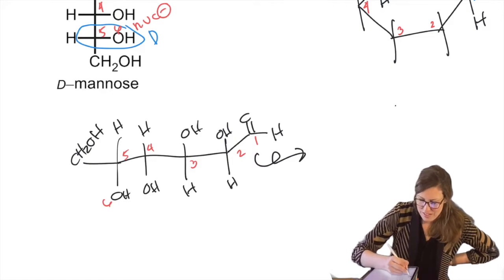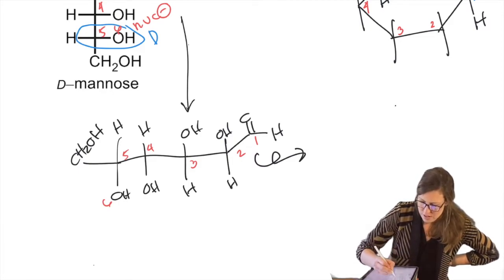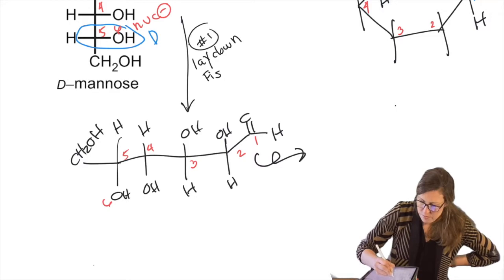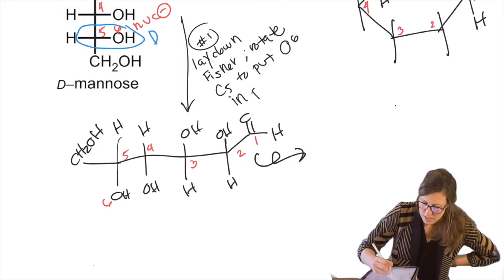Step 1. And I'm going to have you try some of this. I'll pause. Lay down Fischer. Then rotate C5 to put oxygen 6 in place.